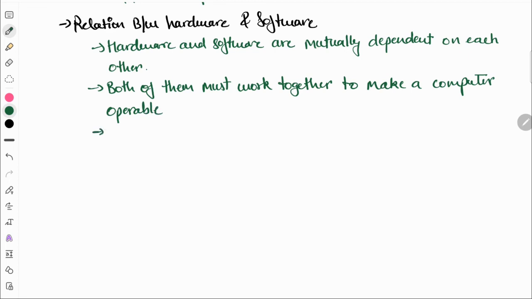Hardware without a set of programs to operate upon cannot be utilized and it's useless. Software cannot be utilized without hardware.